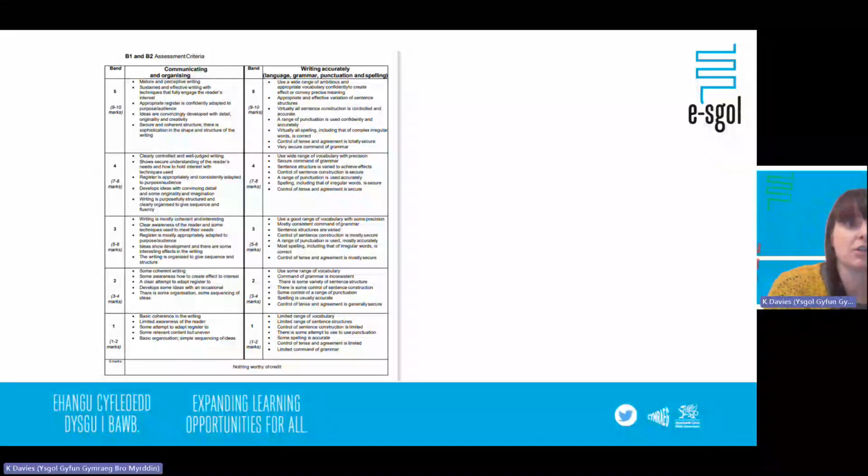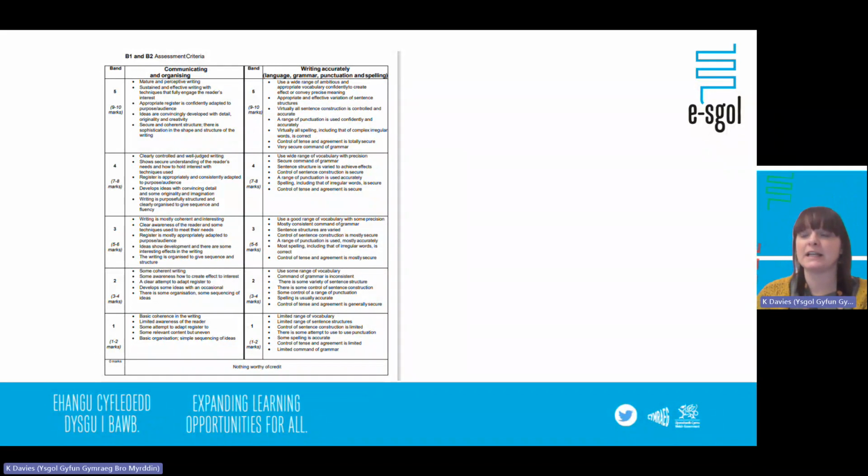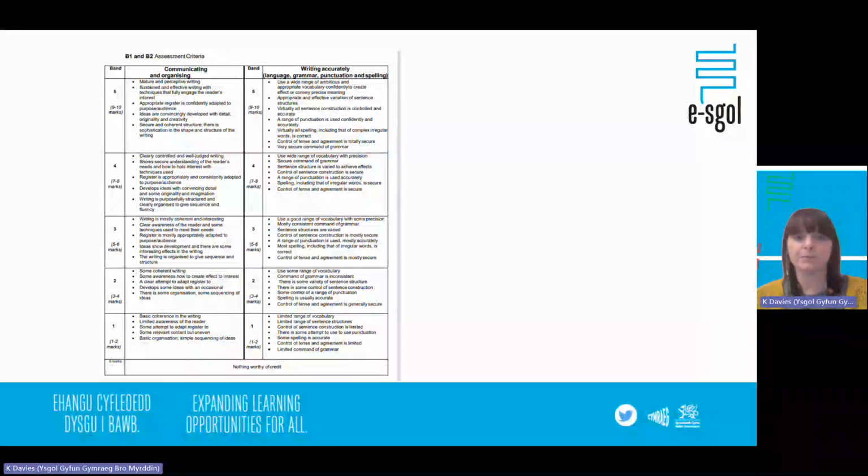If we look just here, for example, band 4, we're looking at clearly controlled and well-judged writing, secure understanding of the reader's needs, so appreciation of audience, but it needs to be secure. So being mindful of the purpose, audience, format, and task is really, really important here.